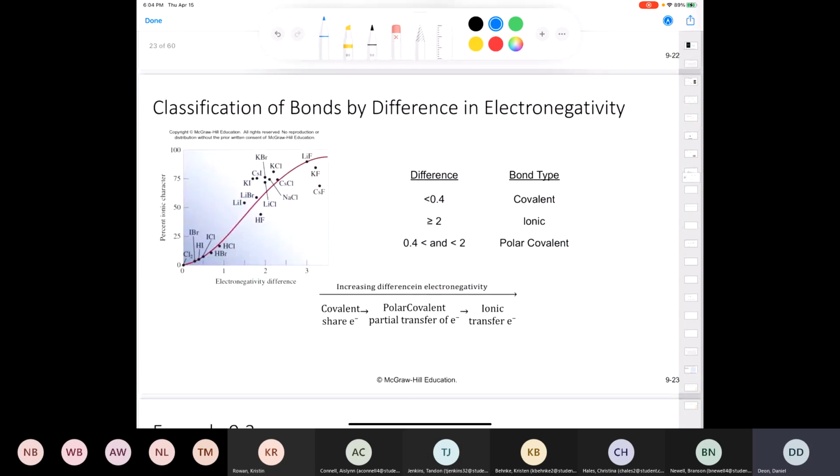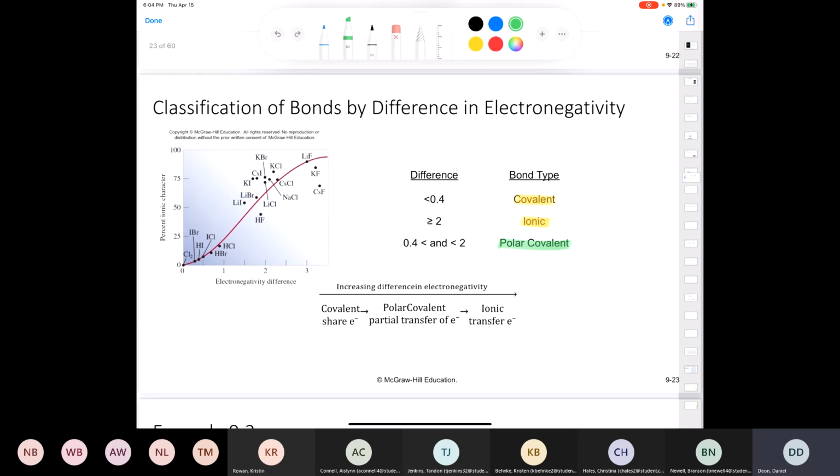Before we take a short break, I want to talk to you about how we use electronegativity to describe what makes a purely covalent bond, an ionic bond, and that new kind of bond, the polar covalent bond, where the electrons are shared but unequally shared. Here are some numbers we can use.